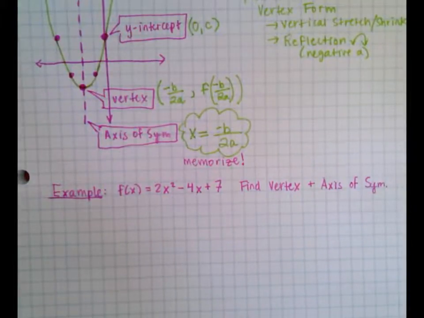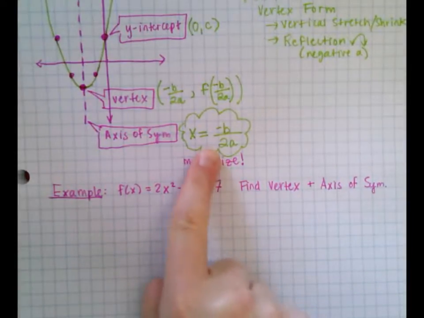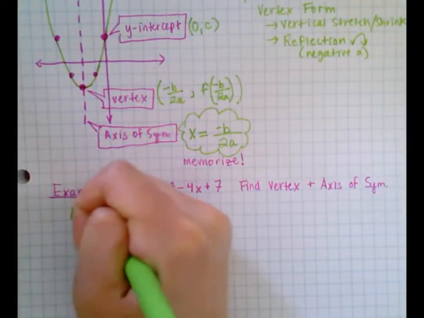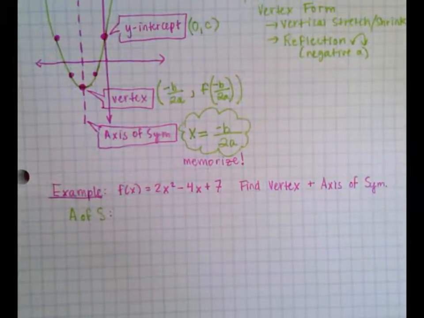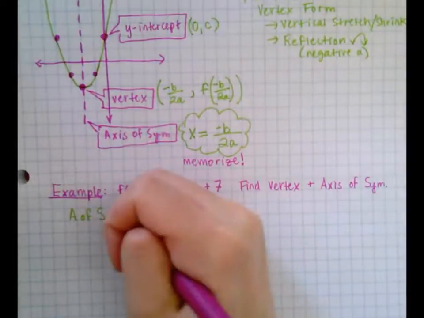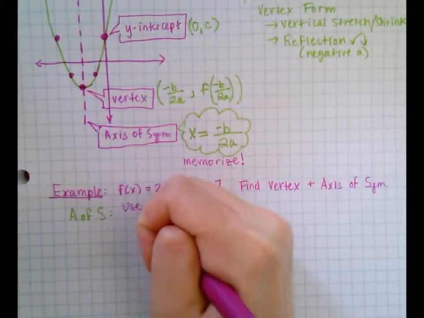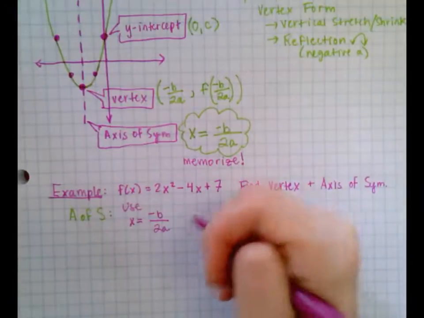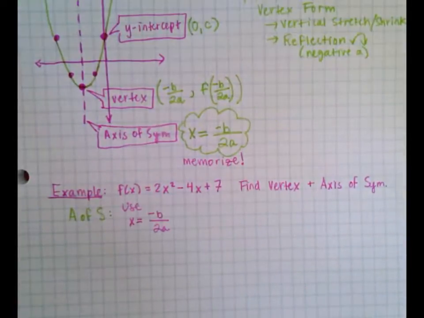Actually, the first thing I'm going to find is the axis of symmetry because that's the x value of our vertex. So I need to find that first anyway. If I am looking to find the axis of symmetry, I'm using negative b over 2a.